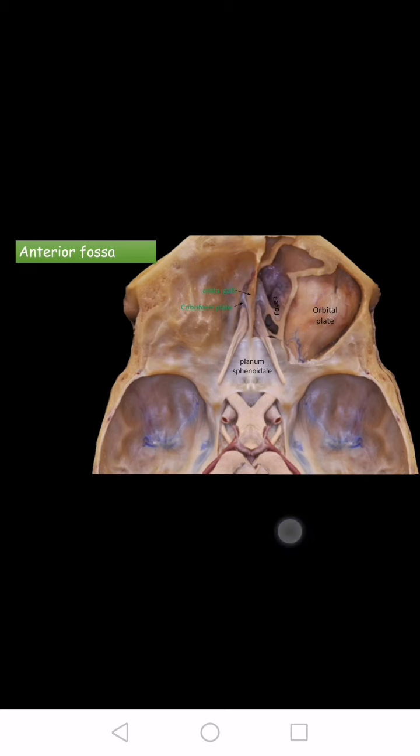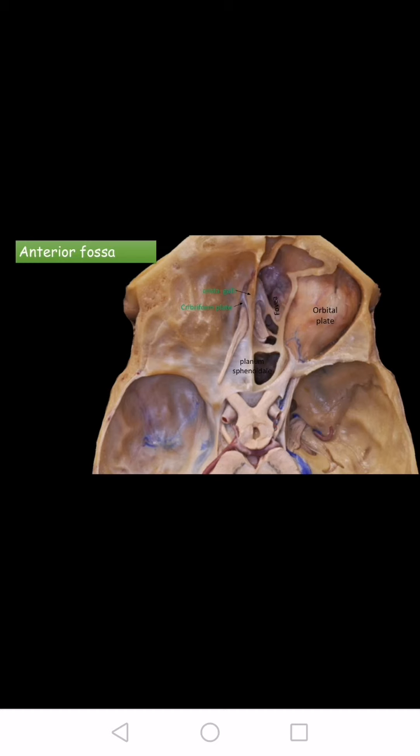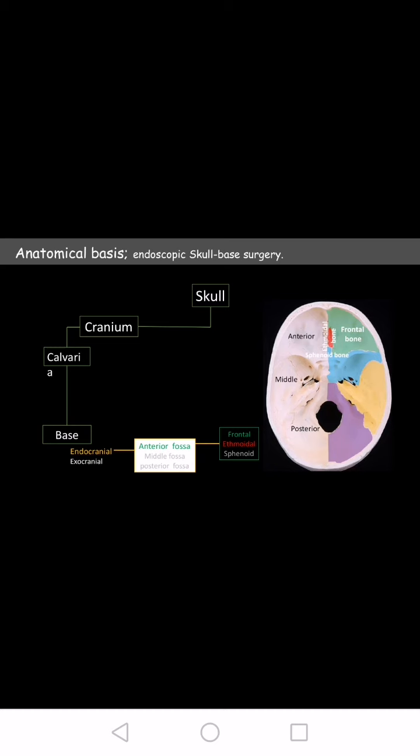And just extra bone to be removed, which is the planum sphenoidale, that will give you access to the ethmoid cells as well as sphenoid sinus, as you can see and appreciate in this image.